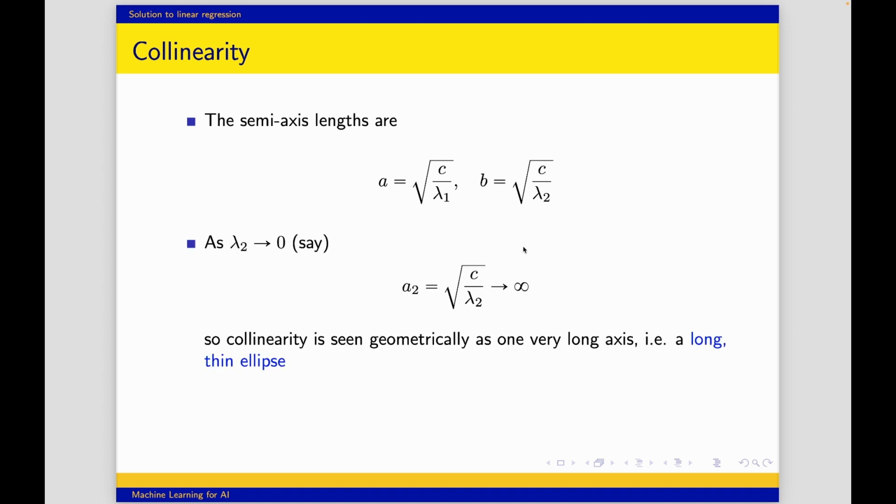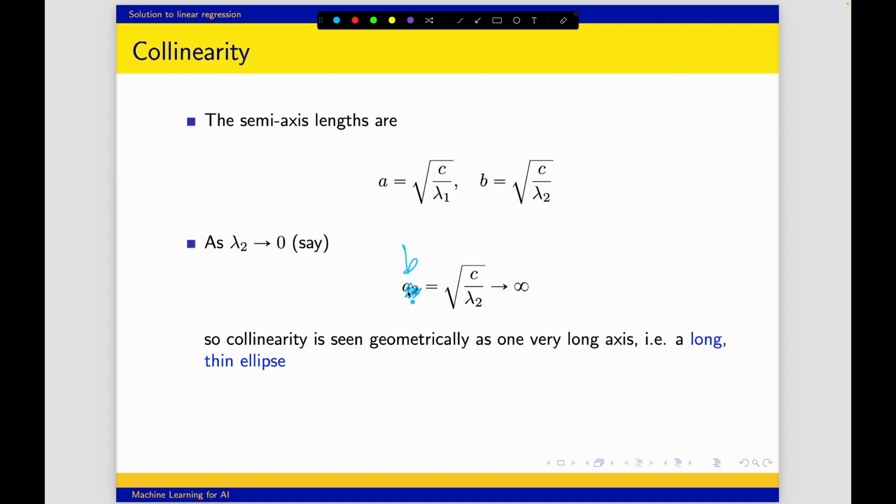So you can see what's going to happen here. As one of these, let's say lambda 2, tends towards 0, so this would be our lambda min, B is going to tend to infinity.